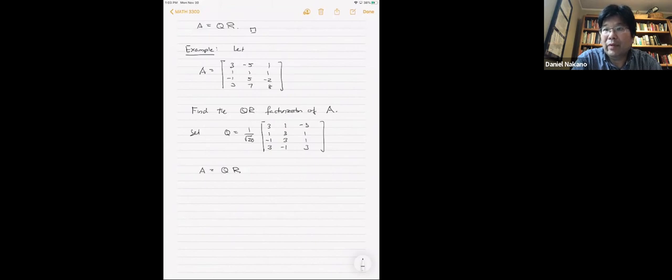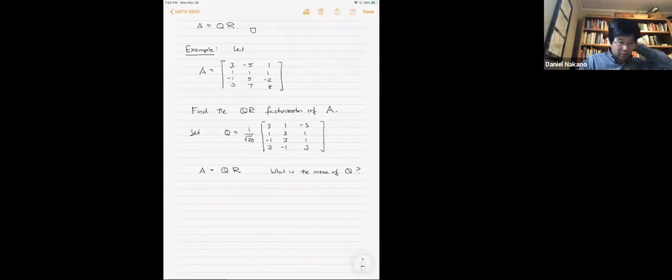So what should the inverse of Q be? If we want to find the inverse, we could use Gaussian elimination.